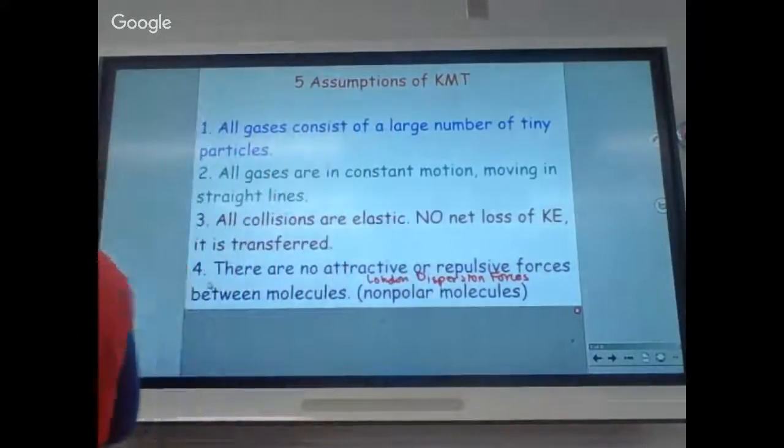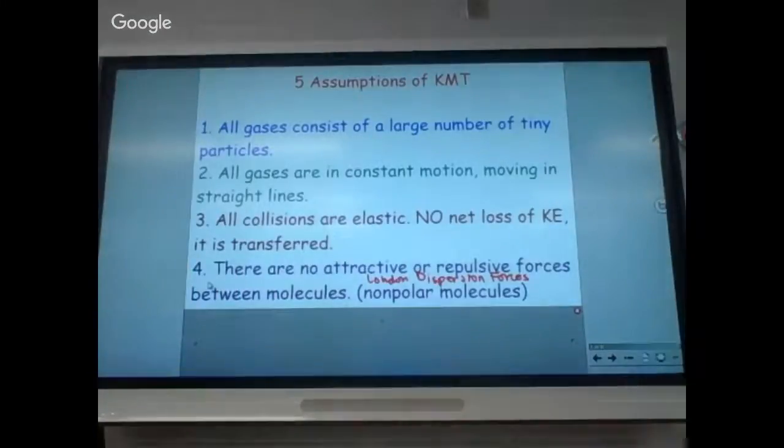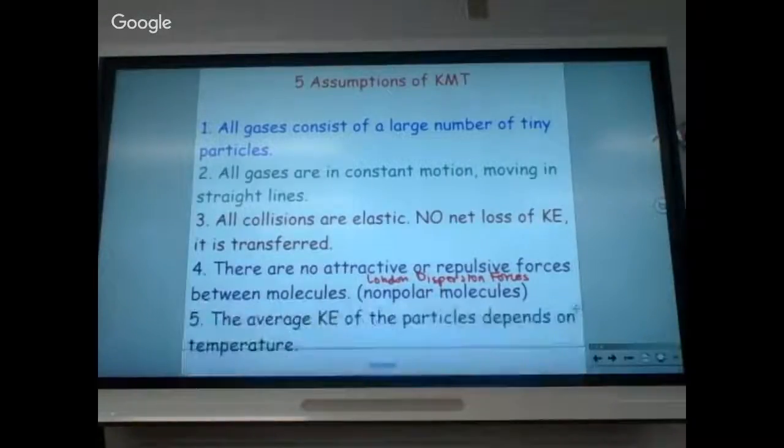Okay? Everybody who is nonpolar has a London dispersion force. They're the weakest of all of the forces, and that's why we're going to use nonpolar molecules. Because truthfully, gas molecules attract one another, and we can't avoid that.